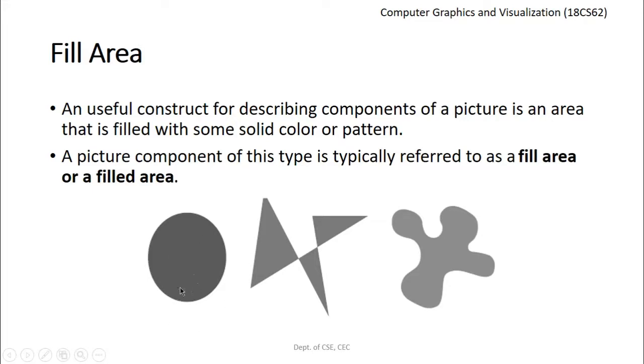Instead of colors we can also fill it with a given pattern. A picture component of this type is specifically referred to as a filled area or a fill area.